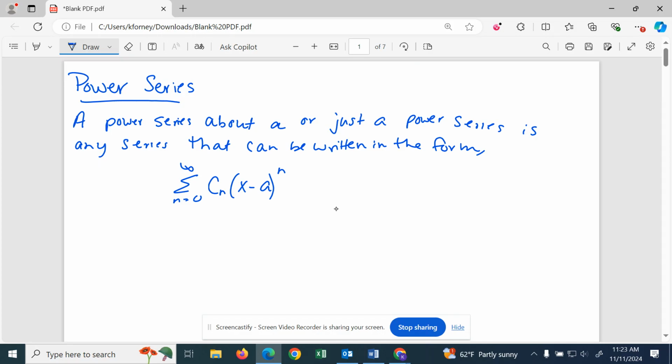The c sub n's are often called the coefficients of the series.